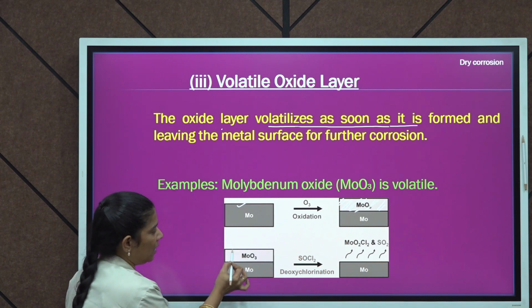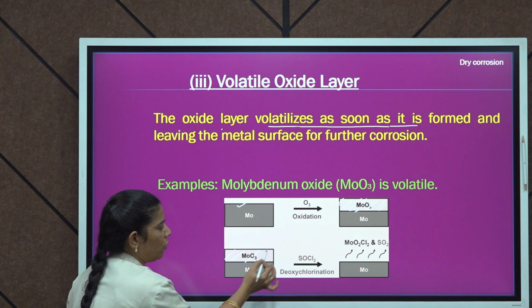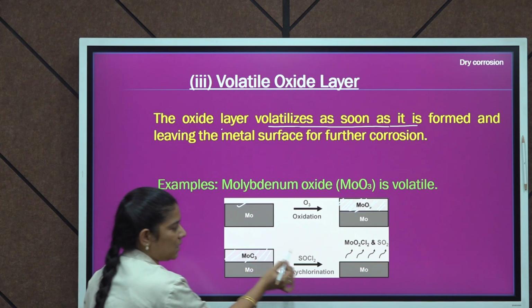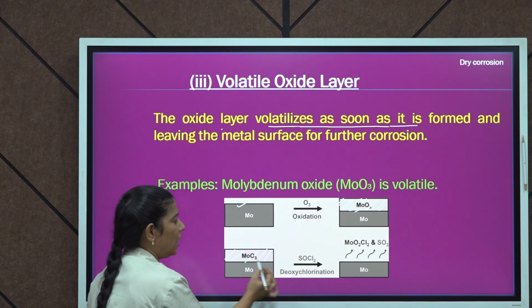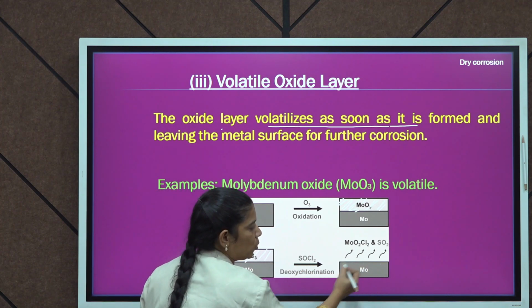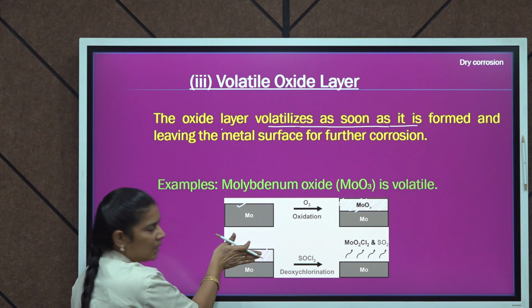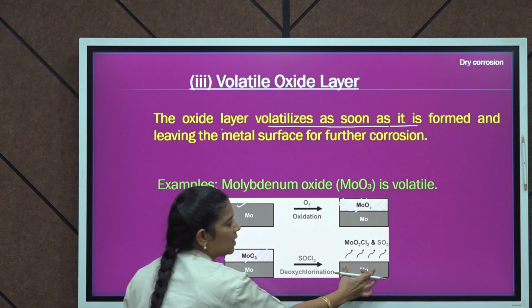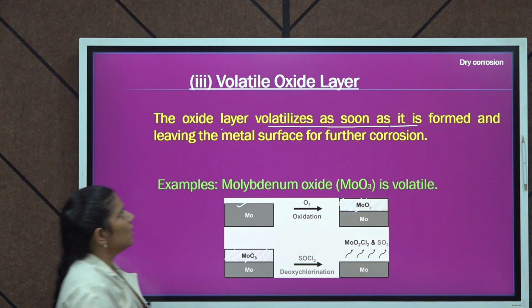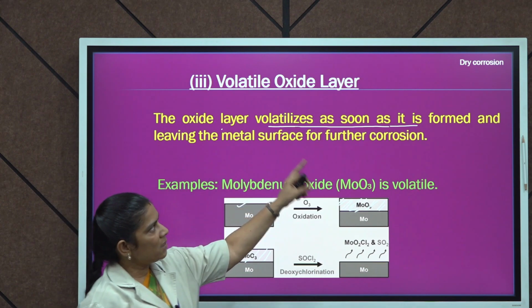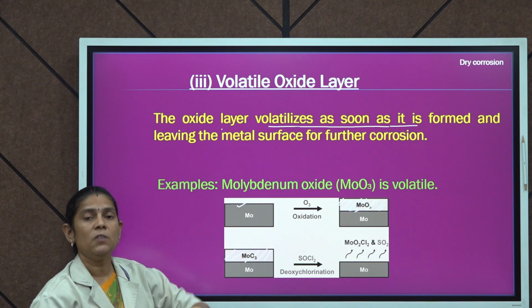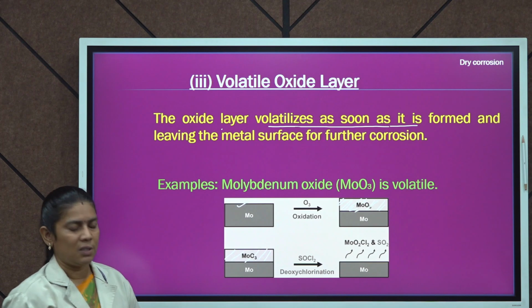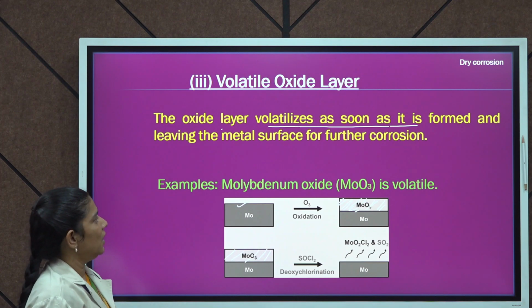After that, the oxide form, MoO3, molybdenum oxide, in the presence of thionyl chloride, goes back to the metallic state. The layer is volatilized, so only the metal surface is exposed. That means it volatilizes as soon as it is formed and leaves the metal surface for further corrosion. So this is how the third oxide layer is formed.